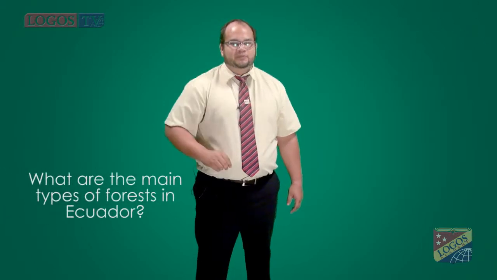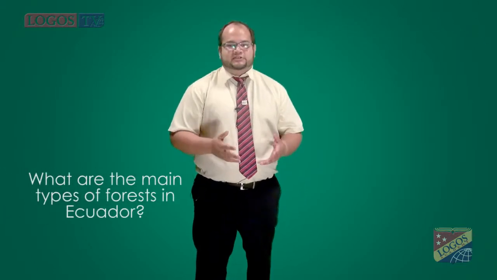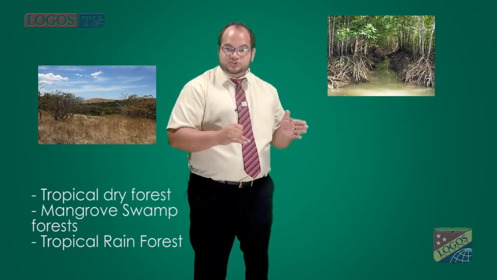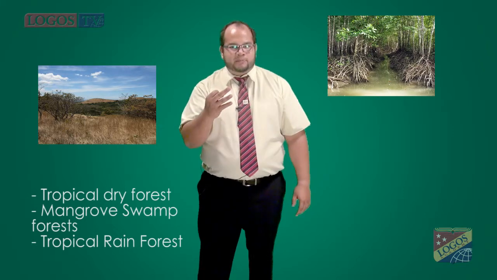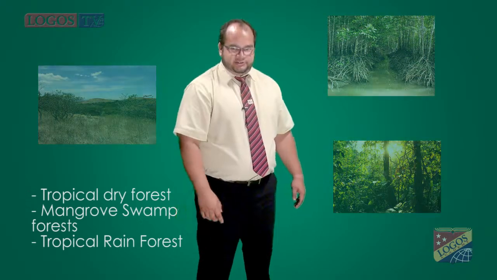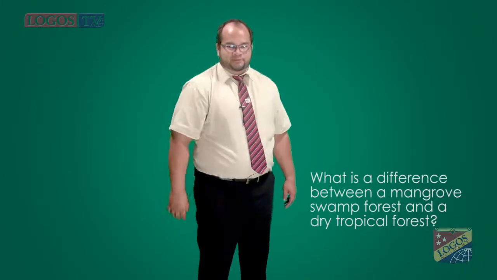Question number 2. What are the main types of forests in Ecuador? The tropical dry forest and the mangrove swamp forests that are located in the coast, and the tropical rainforest that is located in the Amazon region. Question number 3.